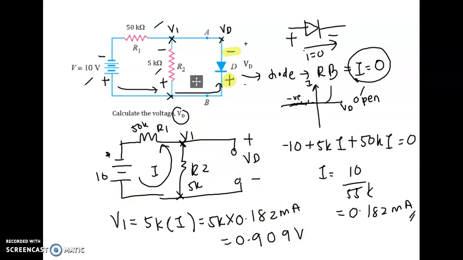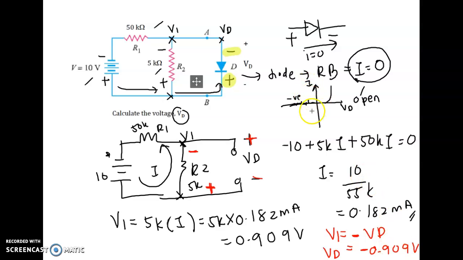Now what we need to do next is see the polarity. So here is minus and plus, but your VD is plus and minus. So what is the relation between V1 and VD? V1 is equal to minus VD. So you got your VD is actually minus 0.909 volt.